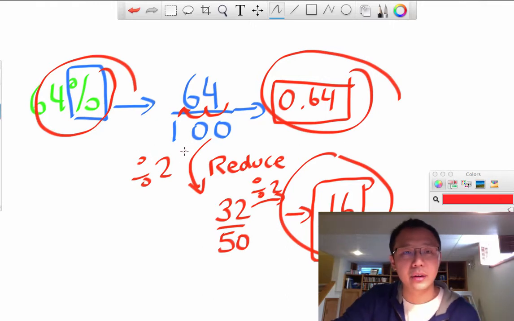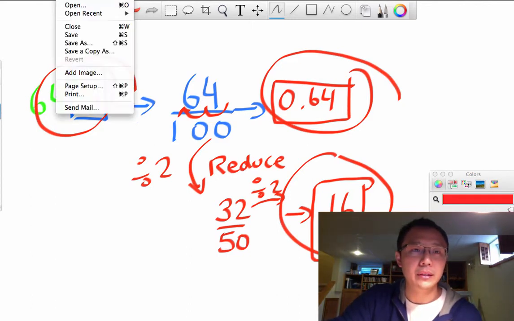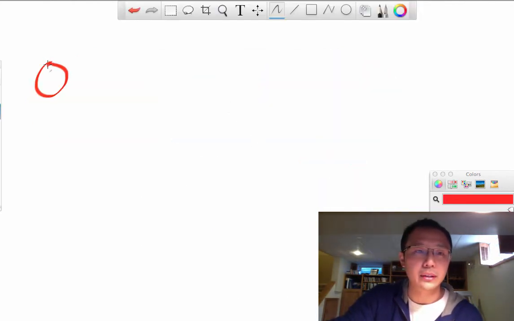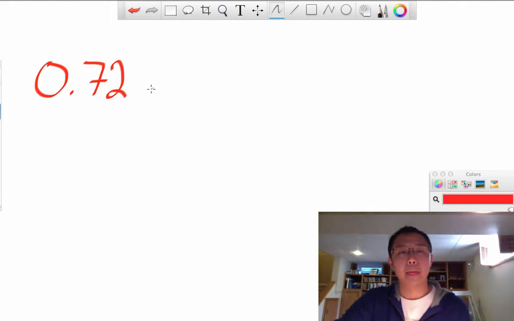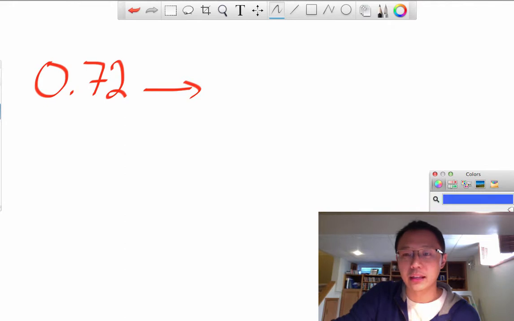Okay, that's how you can change from percentage to fraction to decimal. Okay, what if you were given a decimal number, say, I don't know, 0.72. Okay, this is a decimal number, so if you want to change this into a percentage, this has to be out of 100.